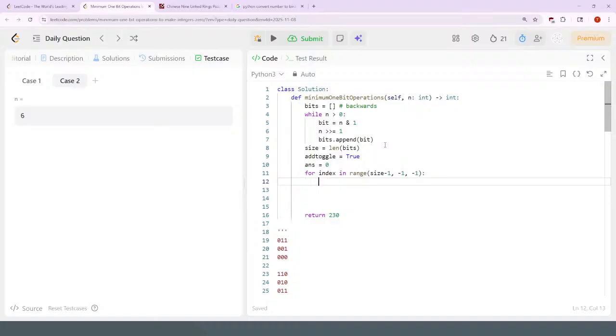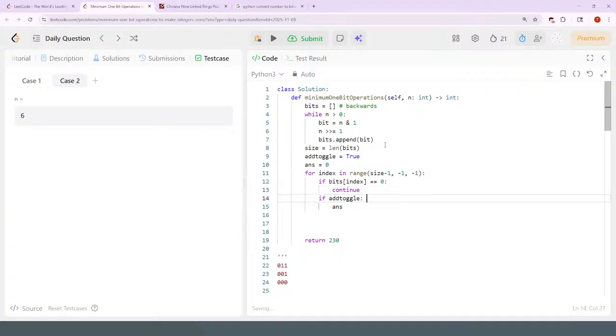So if it's adding, then answer, it's not, probably an easier way. I guess I need to skip over the zeros. First off, if bits at this index equals 0, continue.